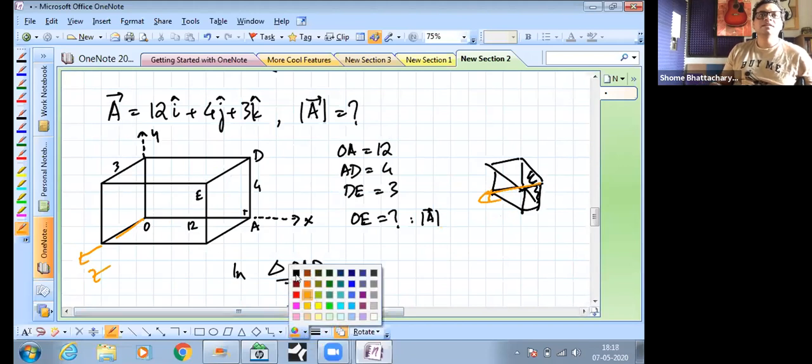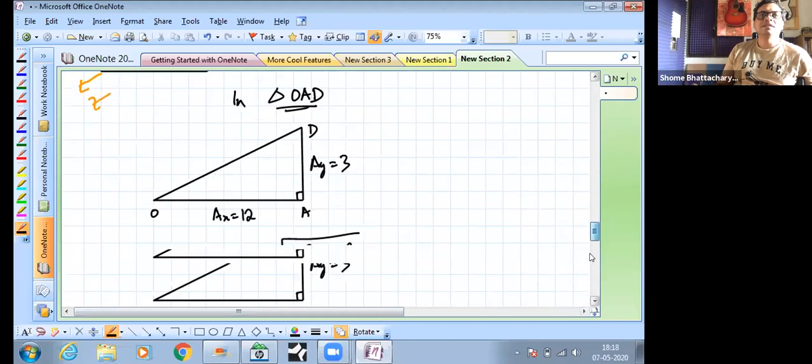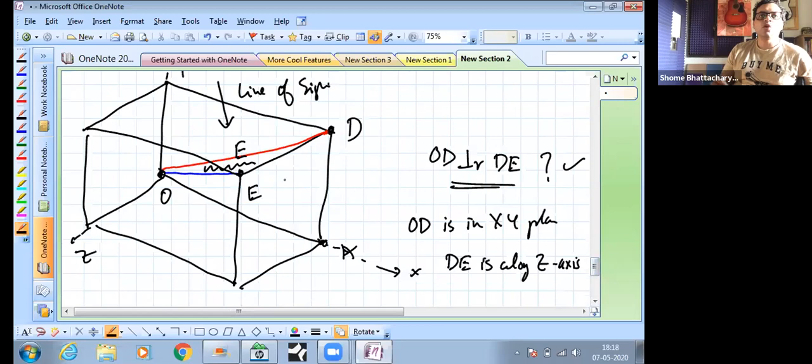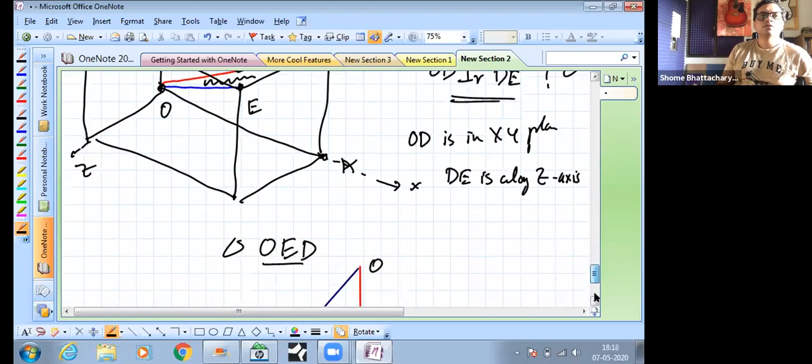So any line that is lying on that face, on that XY plane, is perpendicular to anything which is along the z-axis. That is why in this diagram, if you join the points OD, that line will be perpendicular to DE. Especially when you visualize it like this, you understand. OD is lying on this wall, whereas DE is this other edge. So they are mutually perpendicular. Okay. So that is why this is happening.